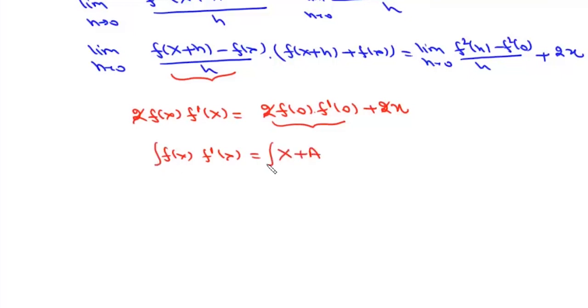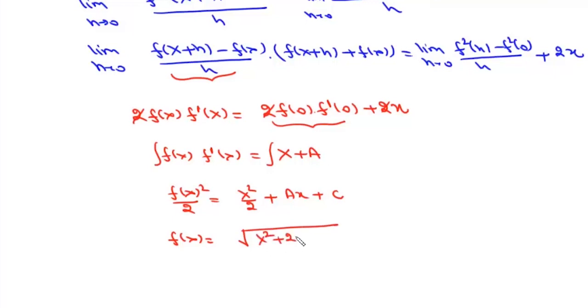Now if we integrate this, we can write f(x) whole square upon 2. It will be x square upon 2 plus ax plus c. So basically this function f(x) will be under root of x square plus 2ax plus some constant c dash.